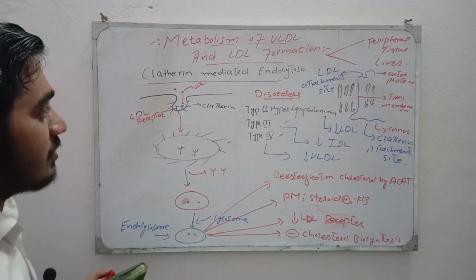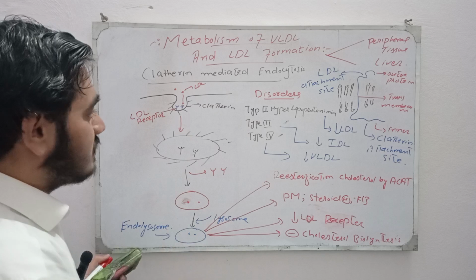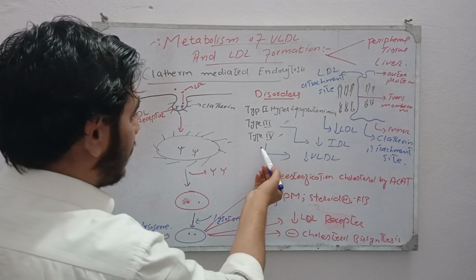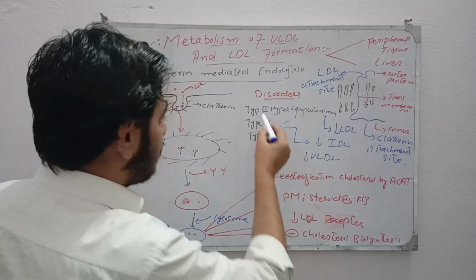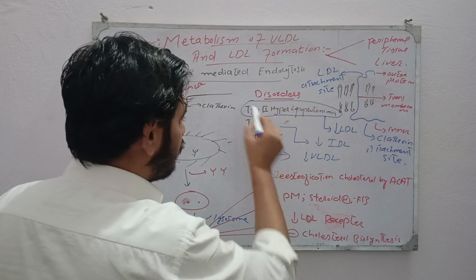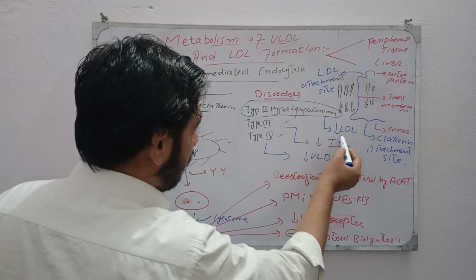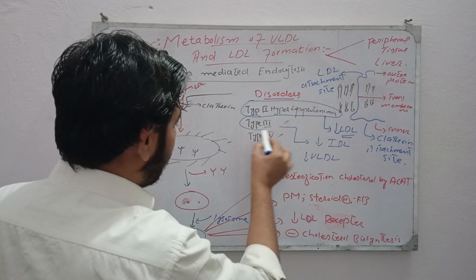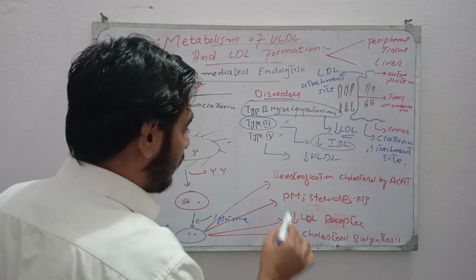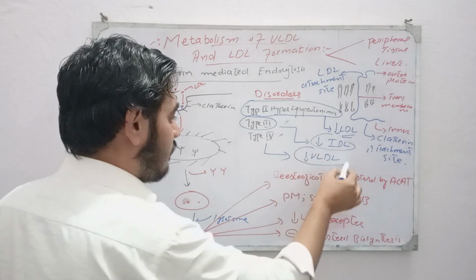So these are the disorders related to this metabolism: type 2, type 3, and type 4 hyperlipoproteinemia.